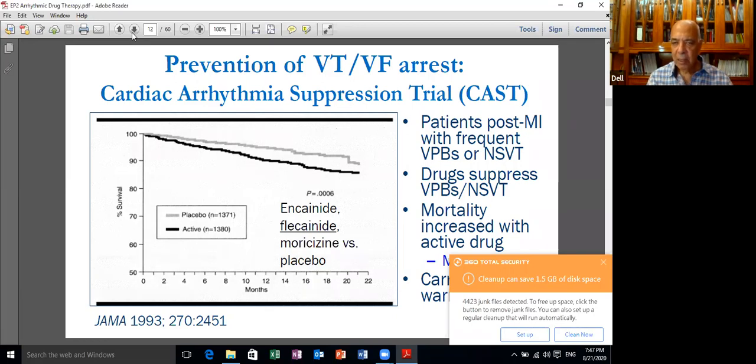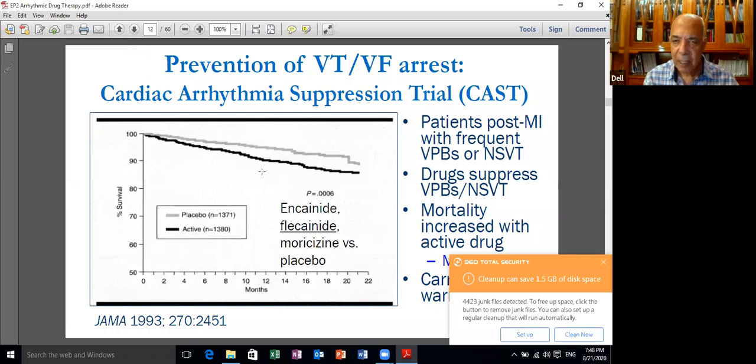The National Institutes of Health conducted this trial, and we got a big surprise, which made the CAST trial a landmark trial in the history of cardiology, and opened the window for the randomized trials. So not everything which looks physiological is true by randomized trial. So what happened?